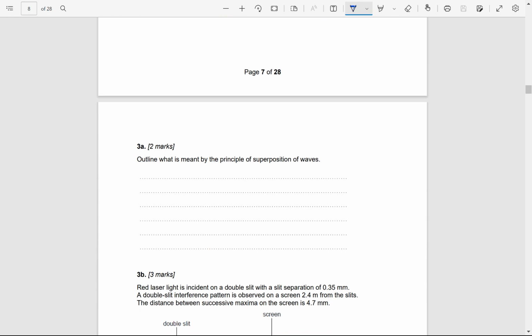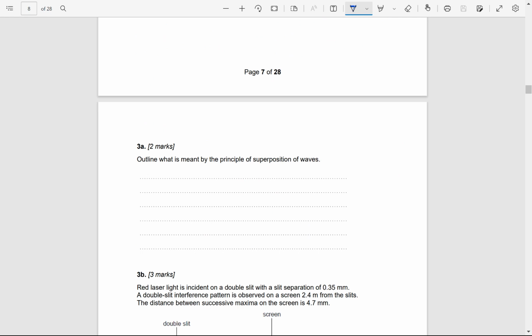Question 3A. A lot of people here talked about how a standing wave is formed. A lot of good definitions were lovely, but they were about how a standing wave is formed. It wasn't the principle of superposition of waves.